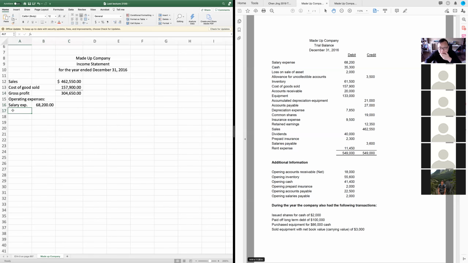Next, after salary, depreciation expense. Yeah, depreciation, very good. So this number is here, 825.